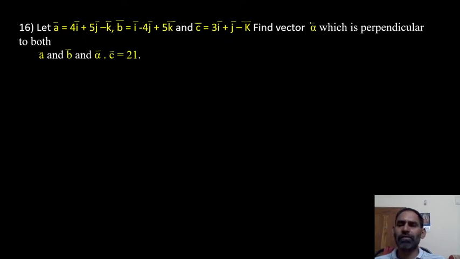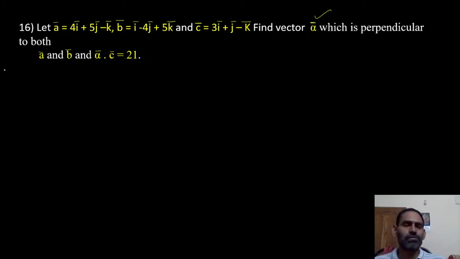Find the vector alpha bar, which is perpendicular to both a bar and b bar, and alpha bar dot c bar equals 21. Here a total of 3 conditions are given. First two: alpha bar is perpendicular to a bar, alpha bar is perpendicular to b bar. Third condition: alpha bar dot c bar is 21. Using these three conditions, we should find alpha bar.